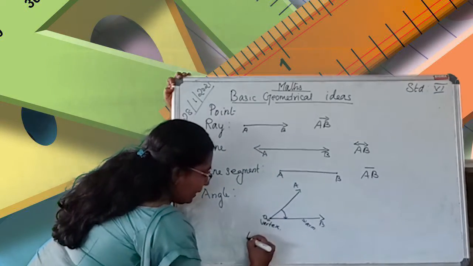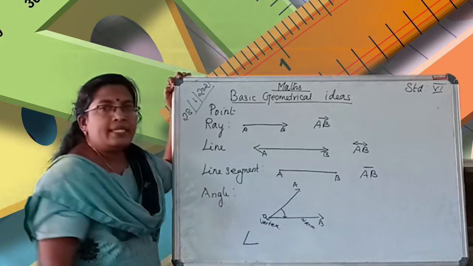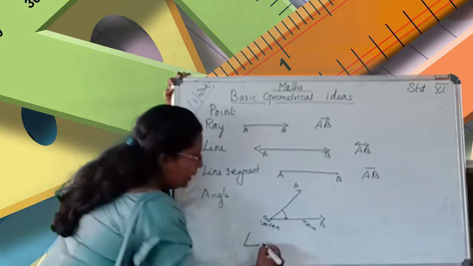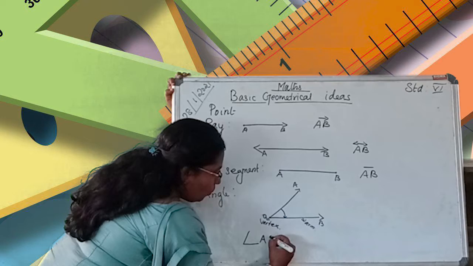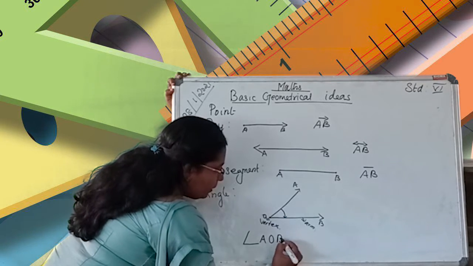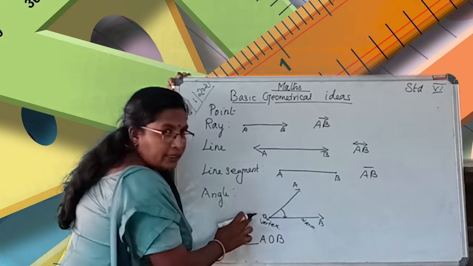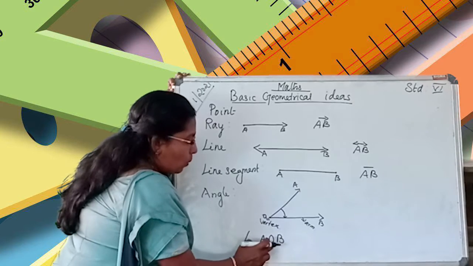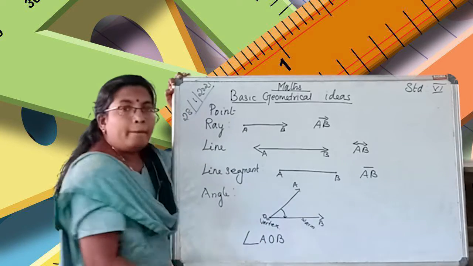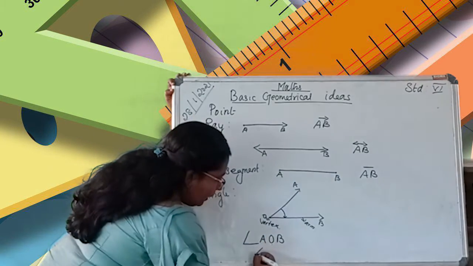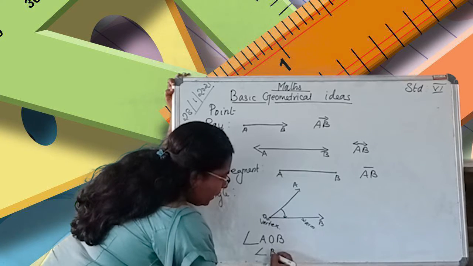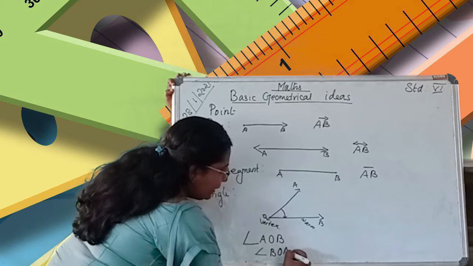So, this is the angle symbol. Angle AOB. O is the vertex. So that comes in the middle. Angle BOA.